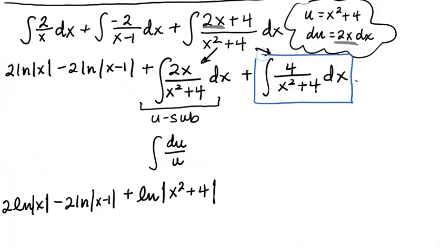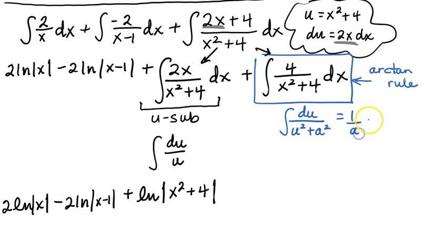So this integral here is an arctan rule. The arctan rule states that the integral of du over u squared plus a squared, the order in the denominator does not matter, is 1 over a arctan u over a plus c.